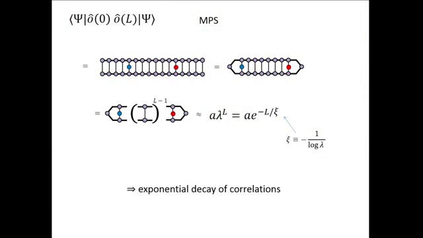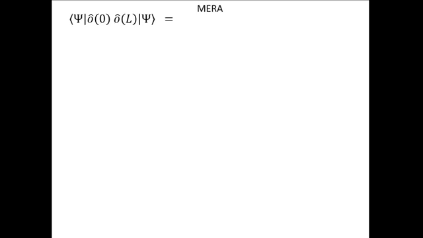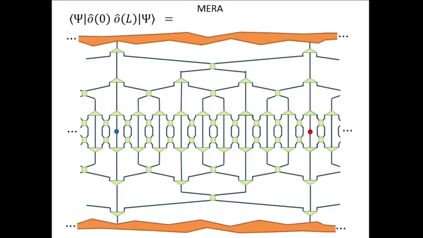Okay? So we want to see that a similar construction holds in the MERA, but that the conclusion is going to be that we get power law decay of correlations instead. Okay, so let's have a look at that. We want to write a tensor network for a two-point correlator on the MERA, and it looks pretty bad, okay?